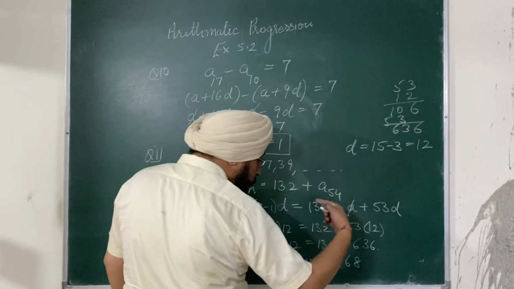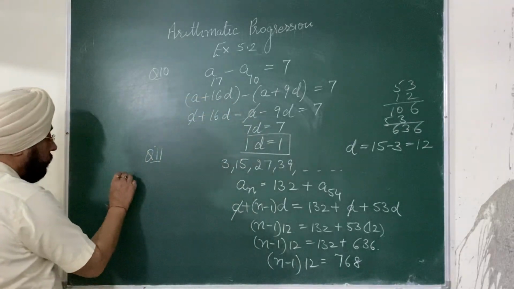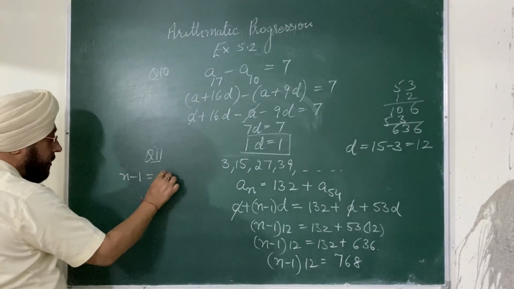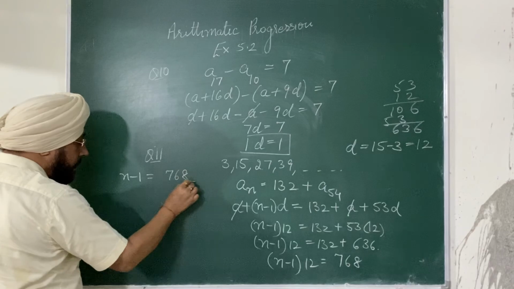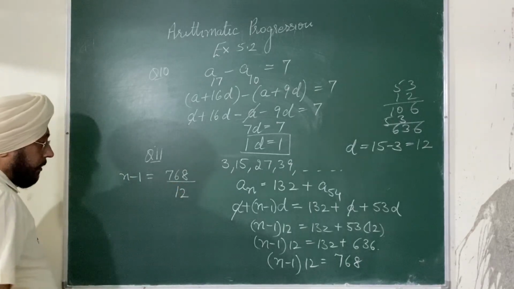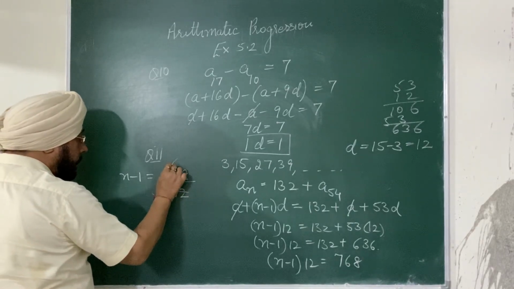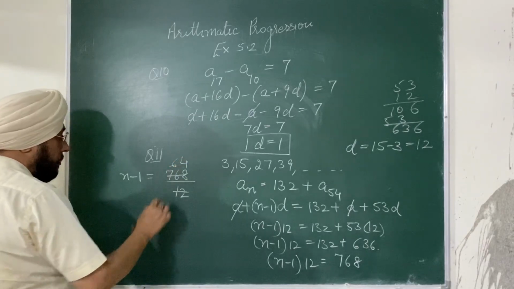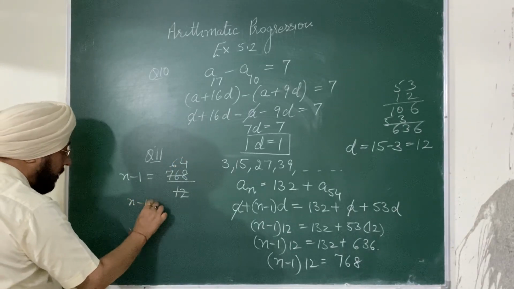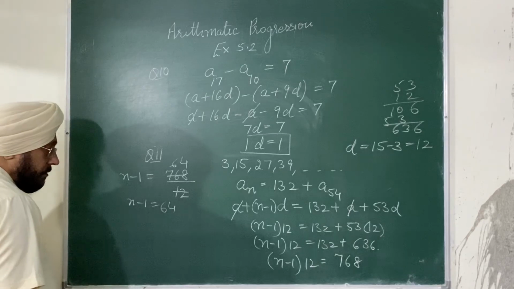When we bring 12 to the other side, we get n minus 1 is 768 divided by 12. 12 sixes are 72, 12 fours are 48, so we get n minus 1 equal to 64.